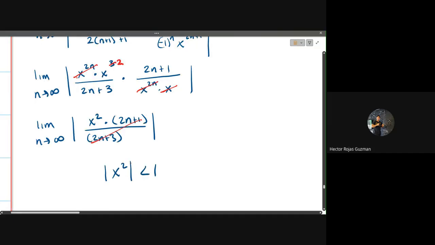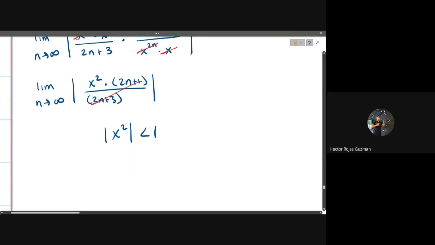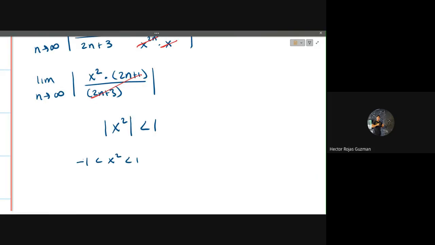And now we can say that it's less than 1. You could have been saying that from the beginning. Okay. Because here's another mistake people made. Normally we take off the absolute value and we say that it's going to be negative 1 to 1. But then if you take a square root, you can't have an imaginary number.